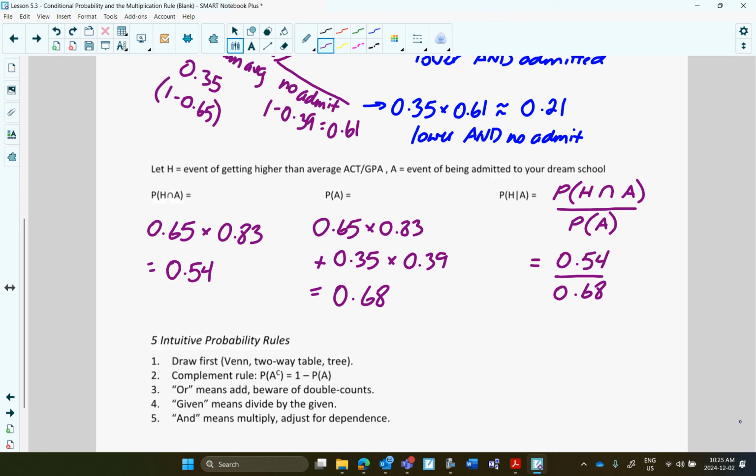Because we divide by the probability of getting admitted. And notice we had to calculate the probability of getting admitted first by adding two probabilities before we could answer this conditional probability question. Okay. And then that's going to give us approximately 0.79.